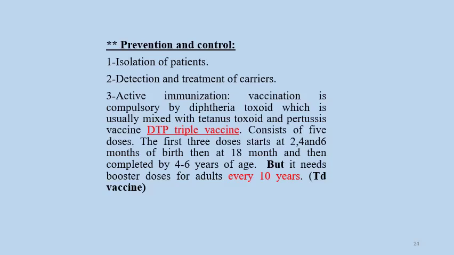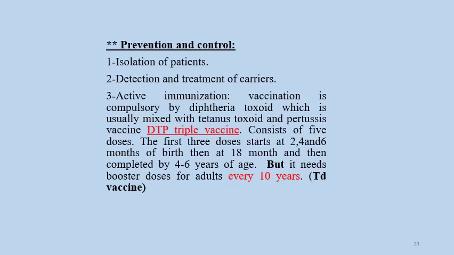Number 3, active immunization. Vaccination which is compulsory يعني إجباري by the diphtheria toxoid, وطبعا toxoid اللي هو التوكسين وبنعمل له inactivation by formalin, which is usually mixed with tetanus toxoid and pertussis vaccine اللي هو well known triple vaccine. D stands for diphtheria of course, T for tetanus, and P for pertussis.